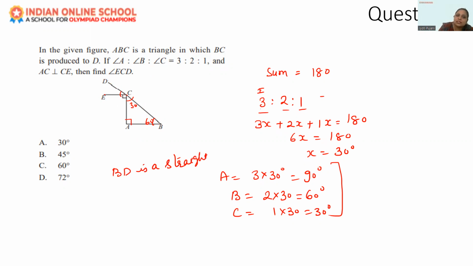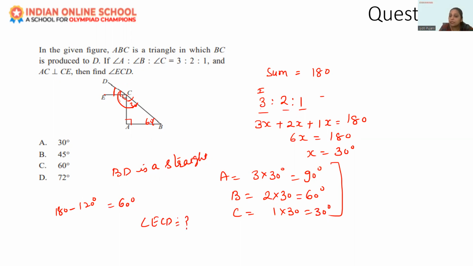Okay, it is a straight line, so it means this is the 180 degree straight angle. Fine, this will be 180 degree in which this portion is 30, this is 90. So 30 plus 90, it means 120. And total will be 180. So how much is left now? It means 180 minus 120, 60 degree will be the angle ECD.